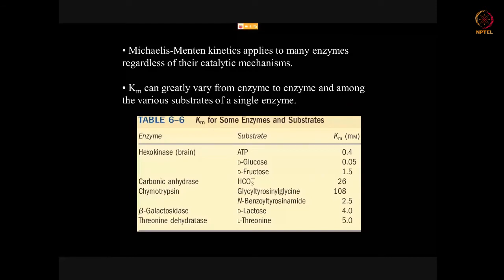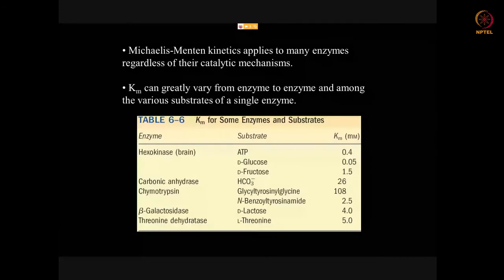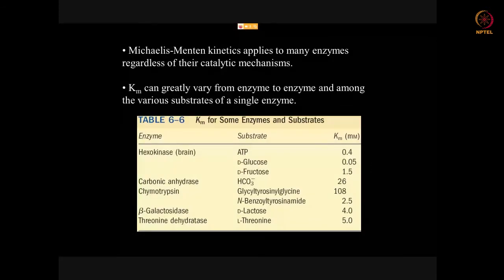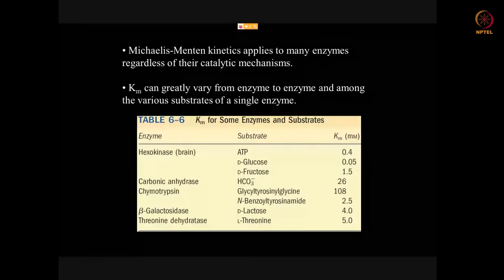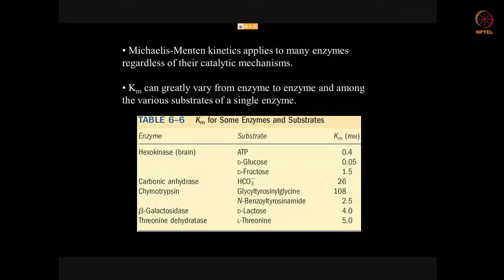I'll tell you in a minute about that. Then Km can vary greatly from enzyme to enzyme and among various substrates for a single enzyme. Suppose a given enzyme has some flexibility in substrate specificity and can work on 2 or 3 different substrates. From one substrate to another substrate, Km can vary.